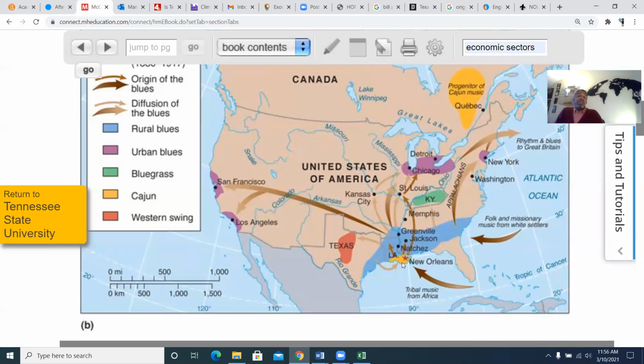And of course, when we look at the rest of the map, notice that the blue color area symbol represents the expansion of the blues, or what they call the rural blues, across the South, which eventually became jazz, otherwise known as the urban blues.